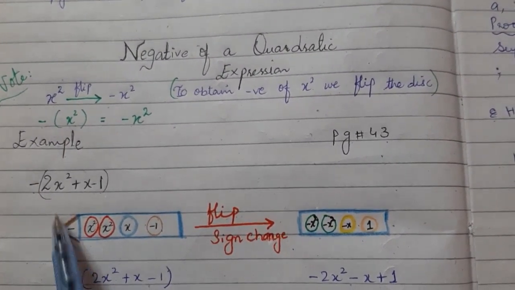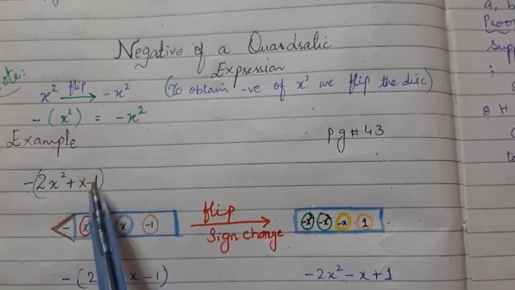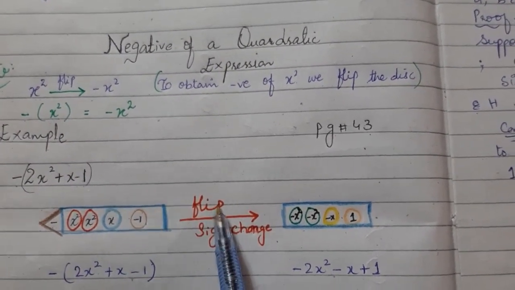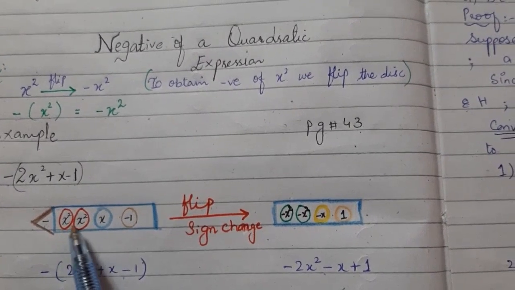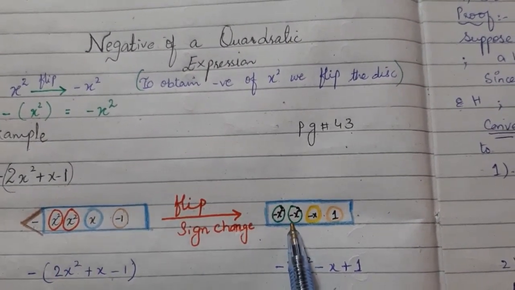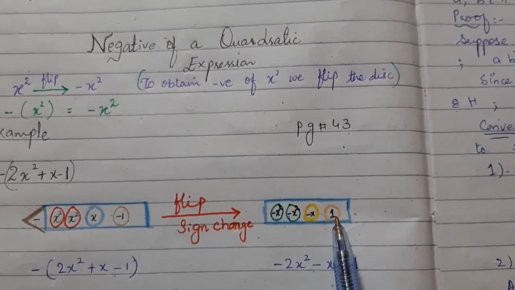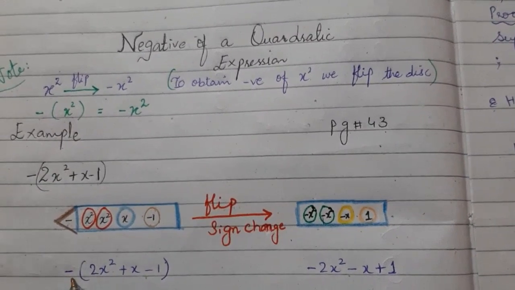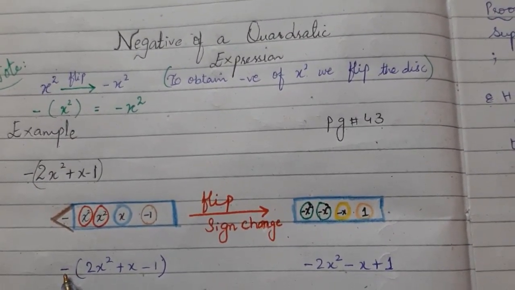Here the sign of x square is positive, and with this positive, and with this negative one is here. But if we are going to flip it, as negative sign is here, so these positive signs are going to be changed into the negative one, and this negative sign is going to be changed with the positive one. It means that if we are going to open a bracket in which we have a negative sign with it, so how we are going to do it?